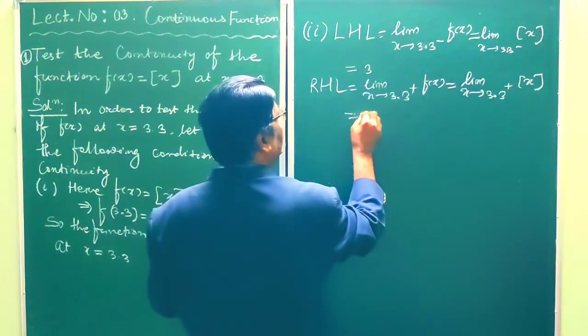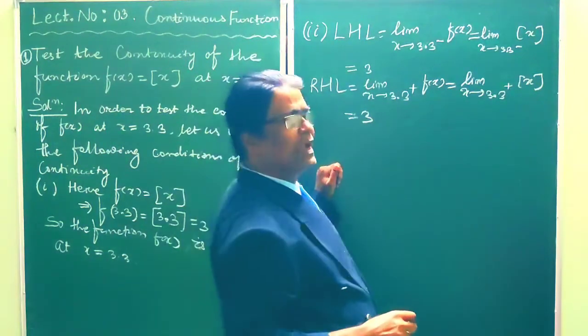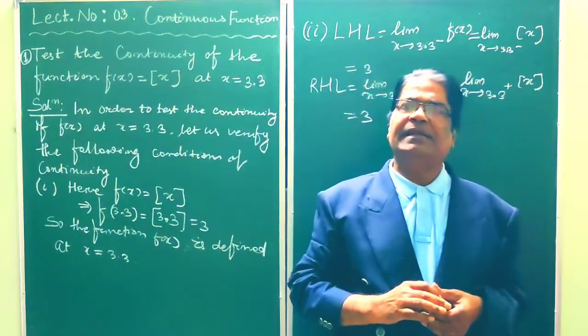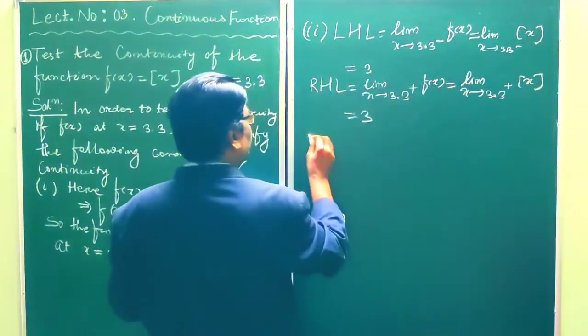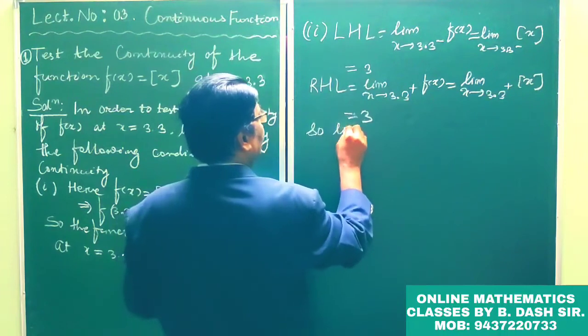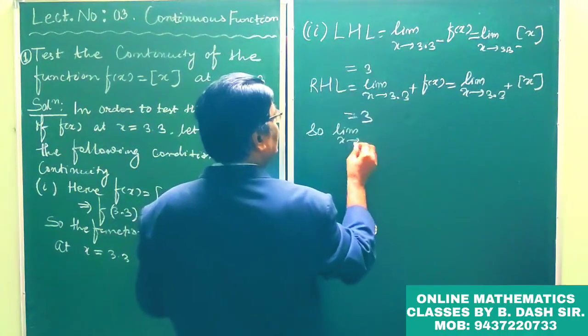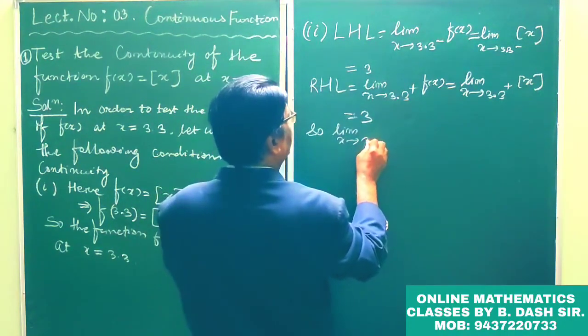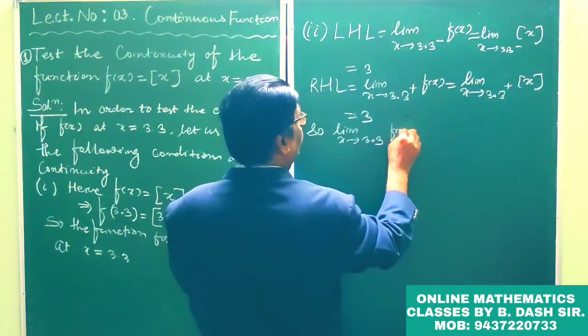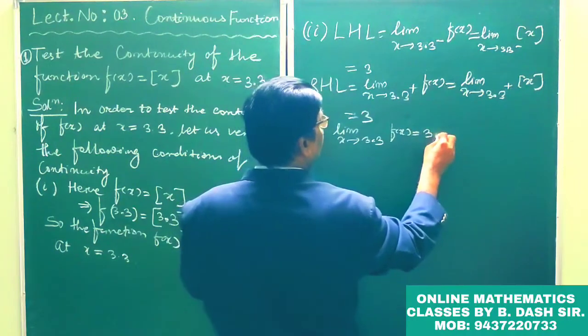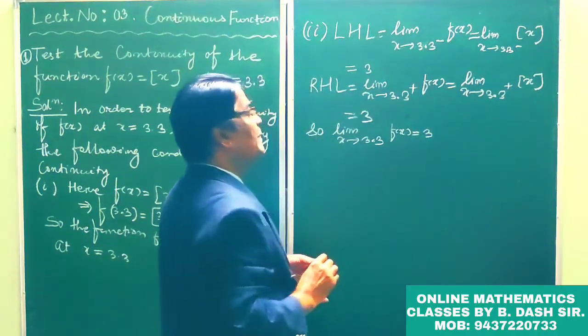This is again equals to 3. So we get the left hand limit and the right hand limit of the function is equals to 3. So we can write limit x tends to 3.3 f(x) is equal to 3. The limiting value of the function is 3.